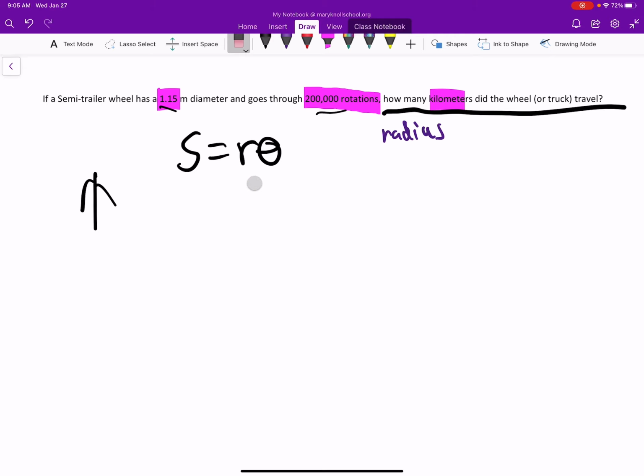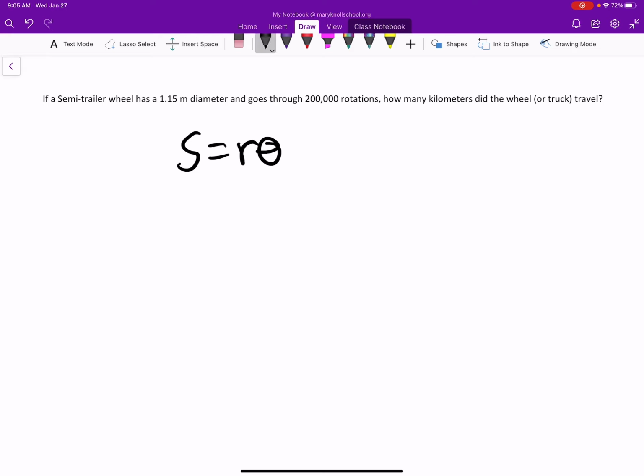So there's a couple things that we need to get out of the way first. This R value, that's the radius, and it should be in terms of meters. And this theta value needs to be in terms of radians.